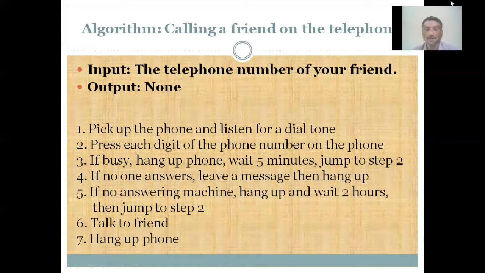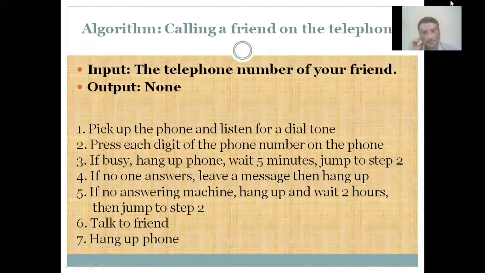But if your phone gets connected but no one answers, there can be a case where your friend doesn't pick up the phone. Then leave a message and hang up. This is the case when there is an answering machine on that phone. Some phones contain an answering machine.